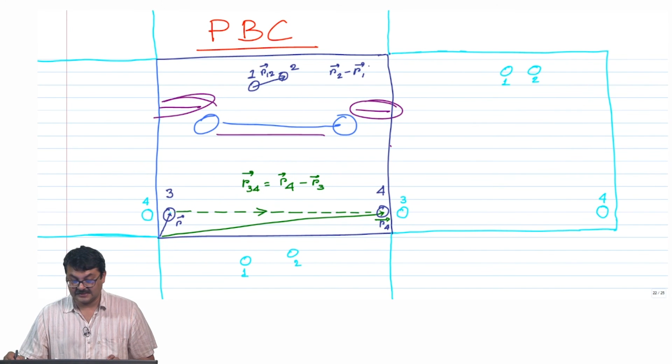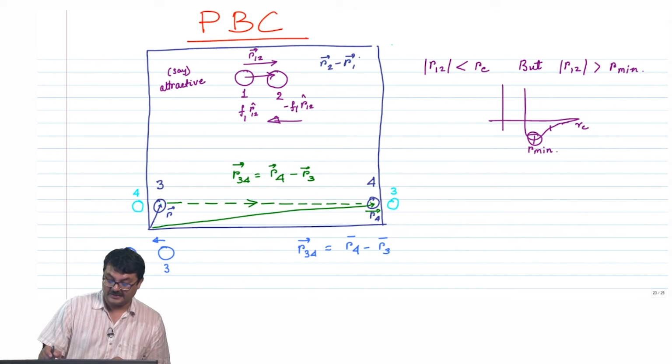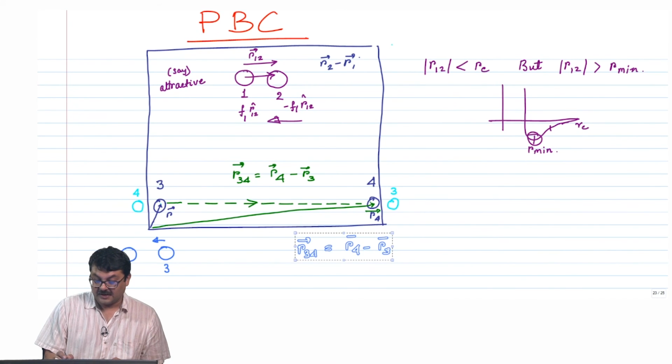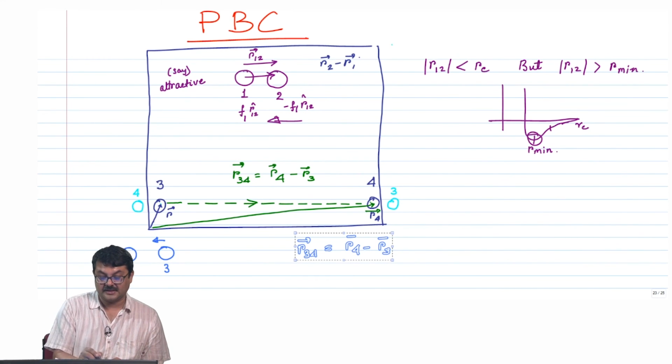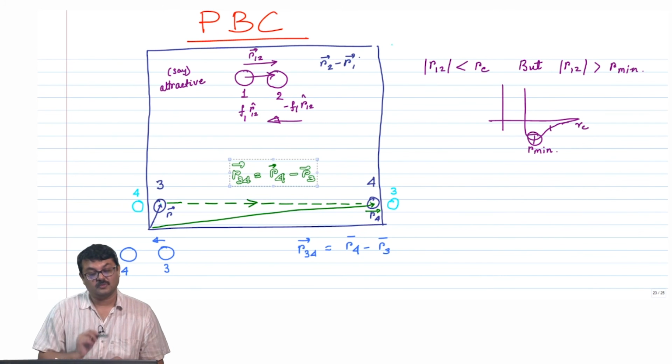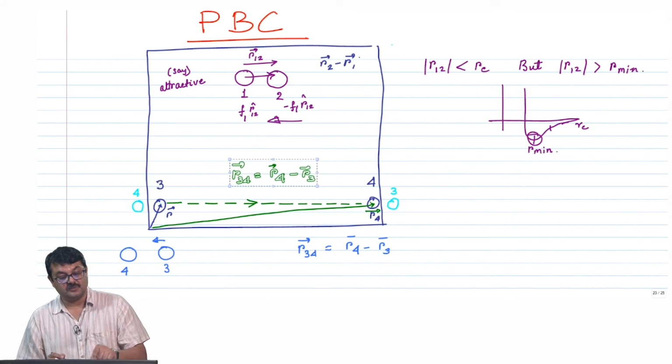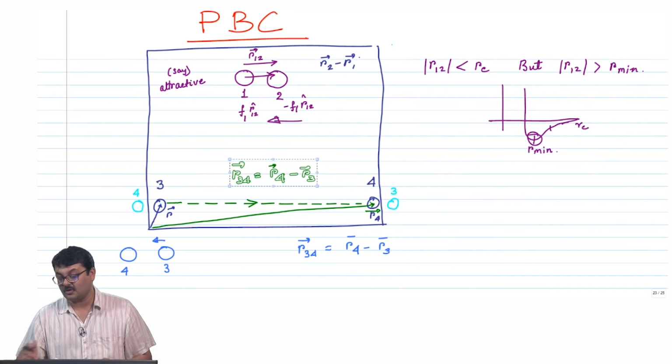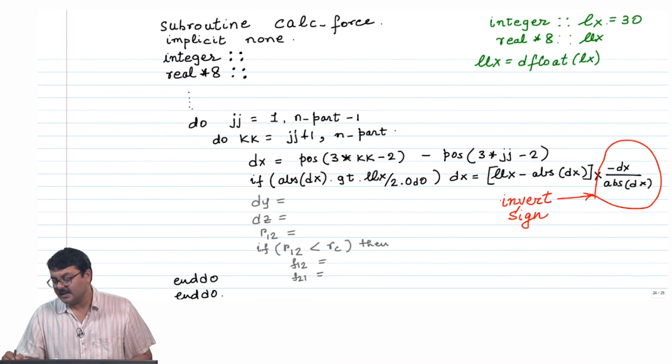That is what I explained here: if particles 4 and 3 have an attractive interaction, particle 4 will move towards this direction and particle 3 towards this direction, which is opposite to what you would get if you invoked it in the normal way.